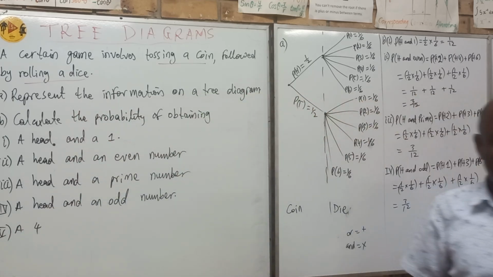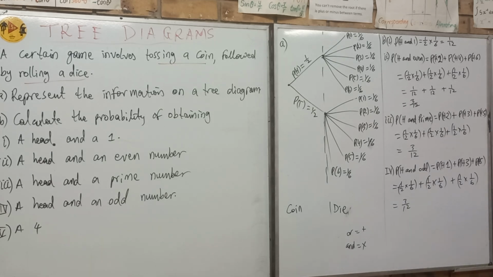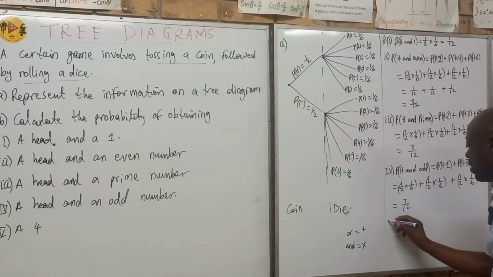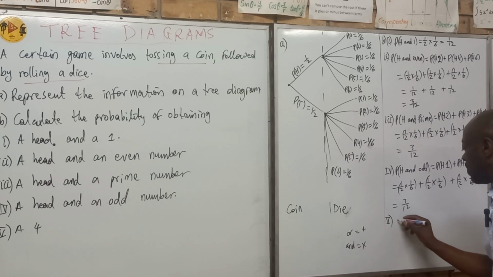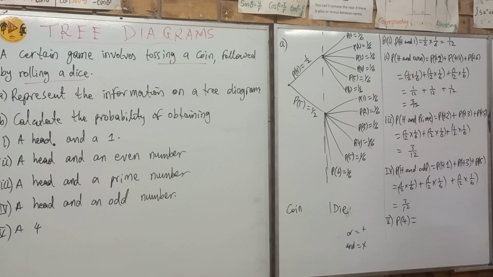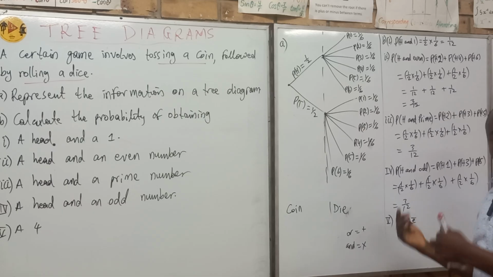So we toss a coin followed by rolling a die. If I need the probability of a 4, don't forget that you can't get the 4 just like that. You must toss the coin first before you go to the die.